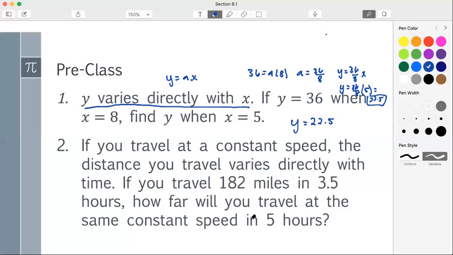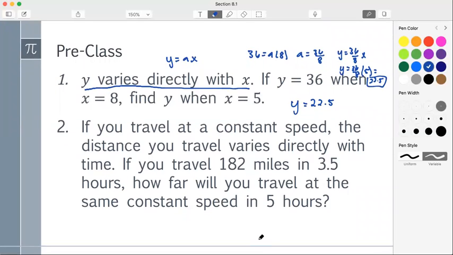All right, for number two, if you travel at a constant speed, the distance you travel varies directly with the time. If you travel 182 miles in 3.5 hours, how far will you travel at the same constant speed in 5 hours? So again, you travel at constant speed, so the distance varies directly with time, d equals at. So if I travel 182 miles, 182 equals a times 3.5.